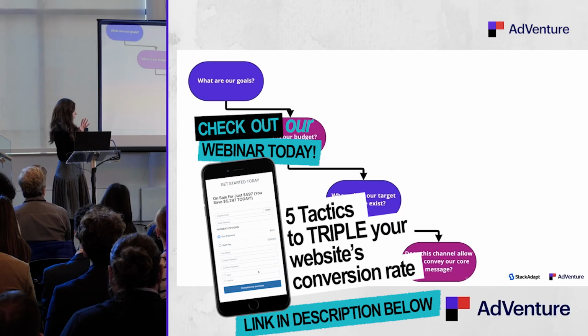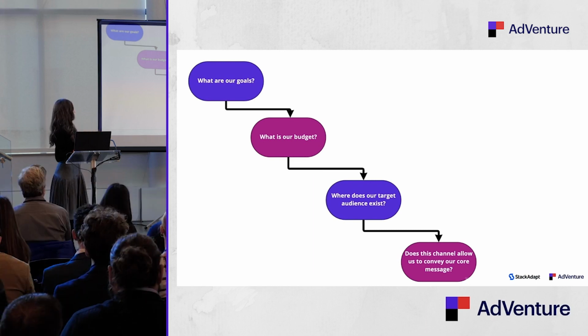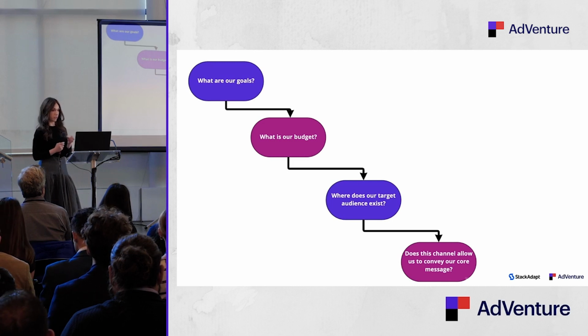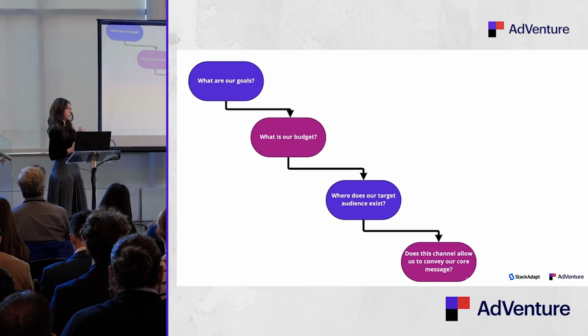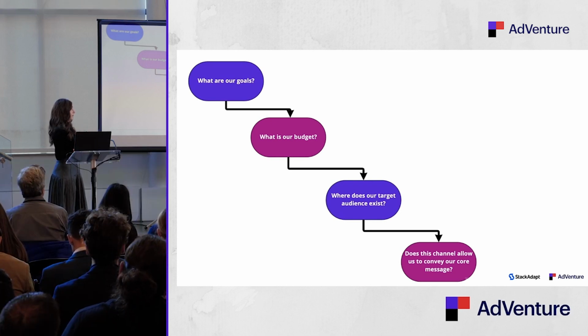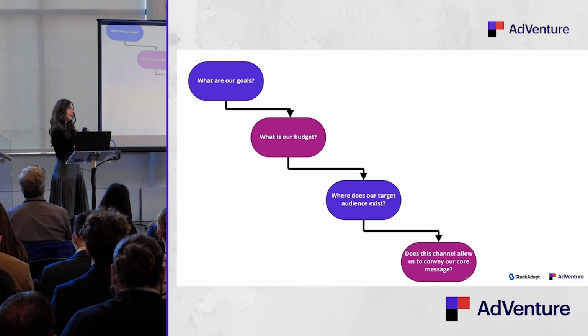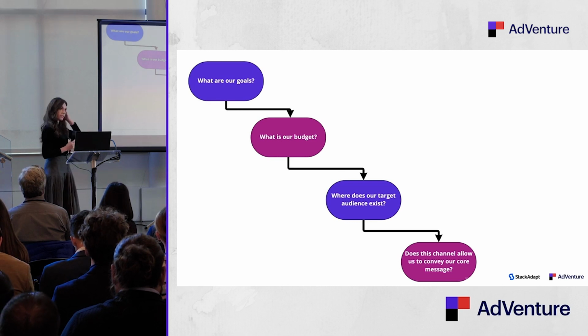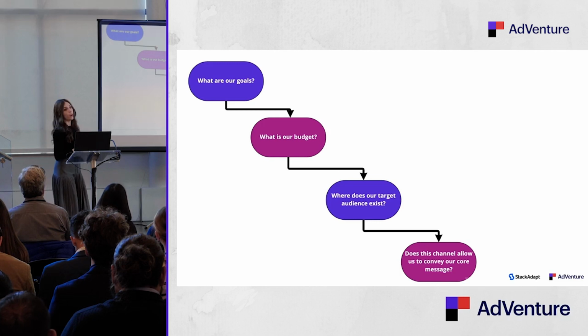Once we've decided where our audience exists, now we want to see if that channel allows us to convey our core message. There's different ways that we can convey messages, and for one product, it might be very visual. For example, Google Search is typically not a visual platform, with the exception of the image extensions, but if your main selling point is something that's visual, that might not be a platform where you are able to convey that in the best way.